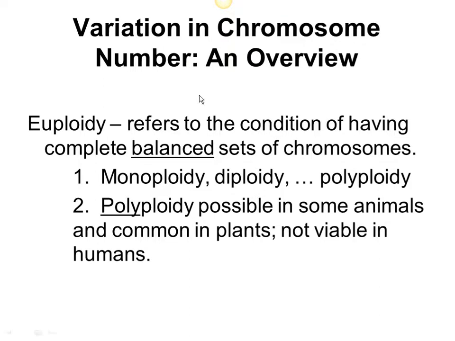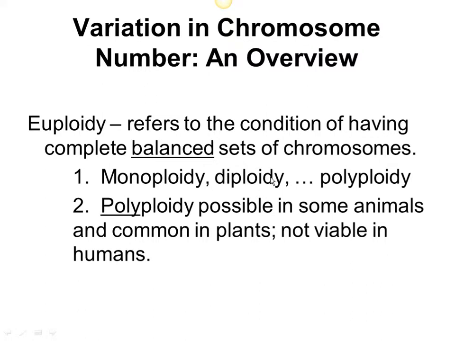So the variation in chromosome number overview is that you have this term called euploidy, which you may never have heard before. But euploidy, eu means true, and ploidy means sets, or set. And so euploidy would be the condition of having complete balanced sets of chromosomes. So monoploidy is a type of euploidy because you have one full set of chromosomes.